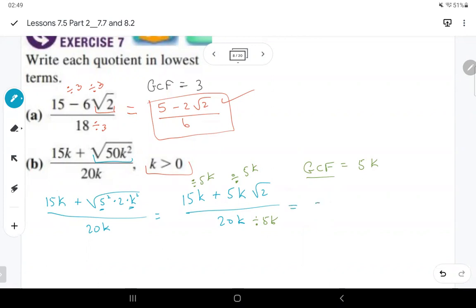The k's cancel, so that part cancels. This goes down to a 4, and this goes down to a 3. So we're going to have 3 plus the square root of 2 over 4.